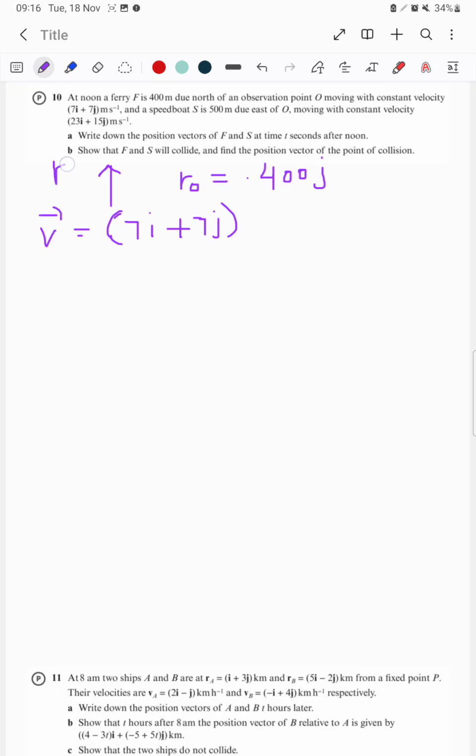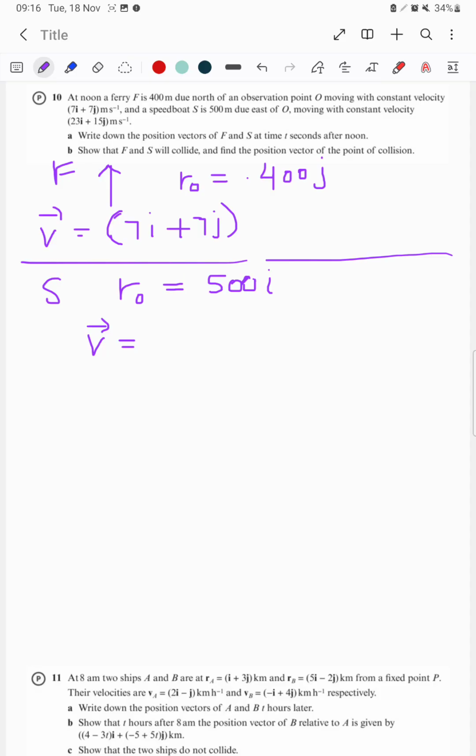This is for the ferry. Then we have another piece of information for a speedboat, whose initial position is given as 500 meter due east, so that is 500i, and it will be positive. And for the constant velocity, a very important point, this is not 23, it is 3i plus 15j. Please do this question with 3i and 15j components.